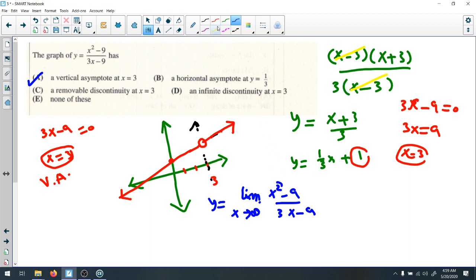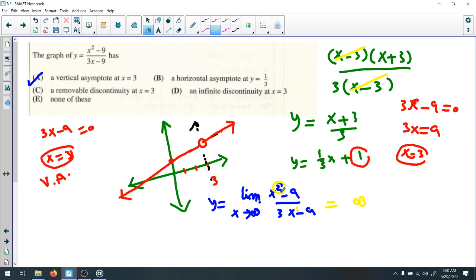If the maximum exponent is in the bottom, then it will be 0.